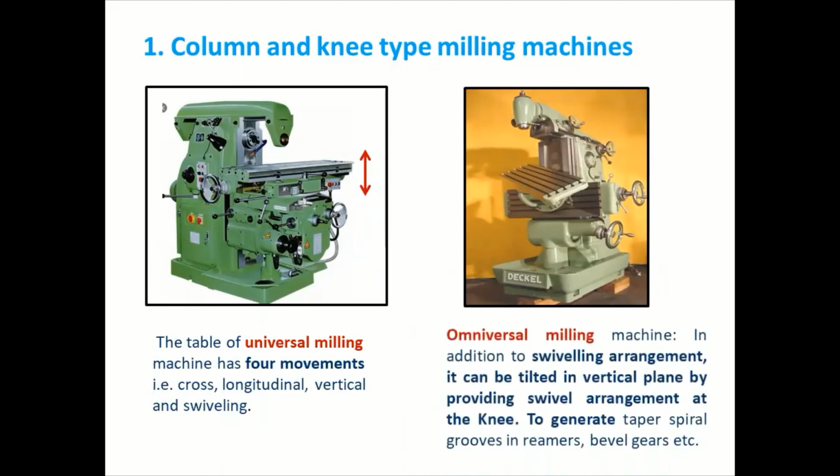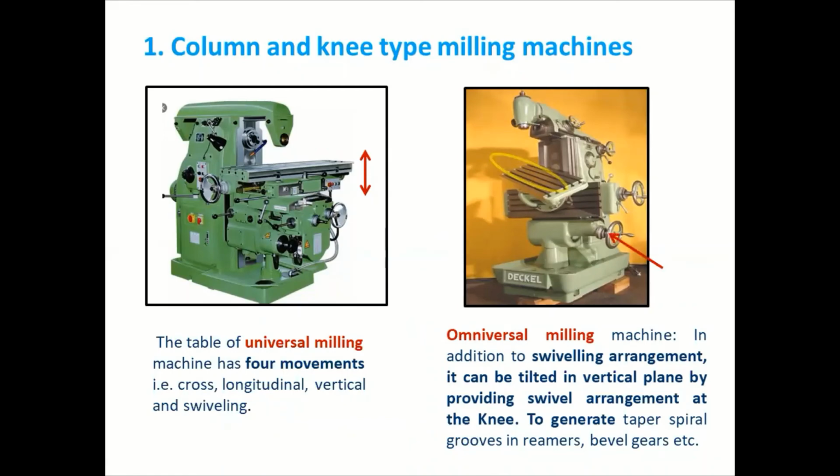Next is the universal milling machine. Along with the 4 movements, one more movement is that we are tilting the table also. You can see in this diagram, with respect to the vertical plane, we can tilt it. This tilting takes place only by using the swiveling arrangement here.